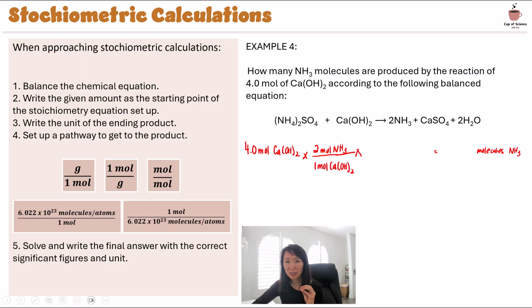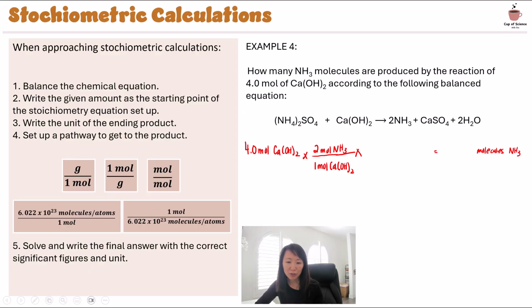Our temptation is to end here because, okay, I have moles, so therefore I have everything I need. Moles of NH3. But I'm not looking for moles of NH3. I'm looking for molecules of NH3. They're different. So I look at the pathway again. Which one deals with molecules? It's these 2 big ones.